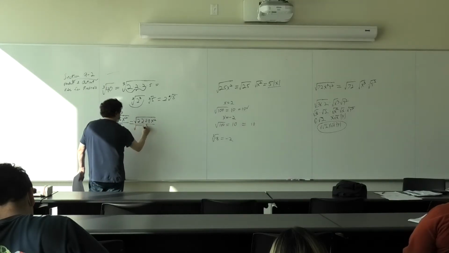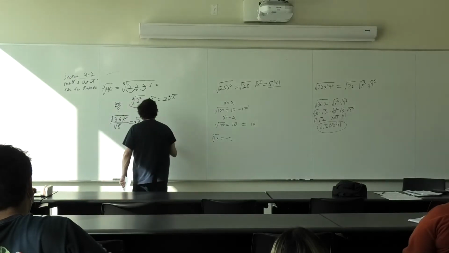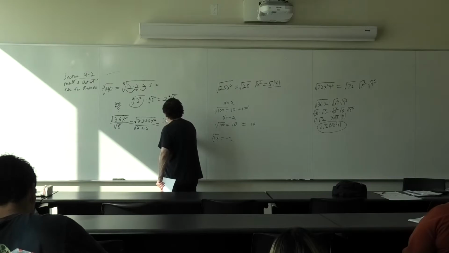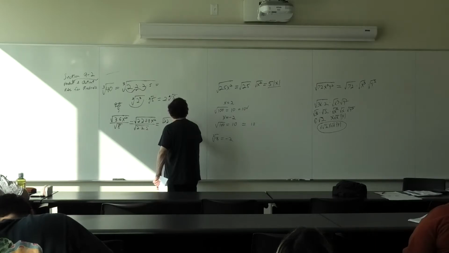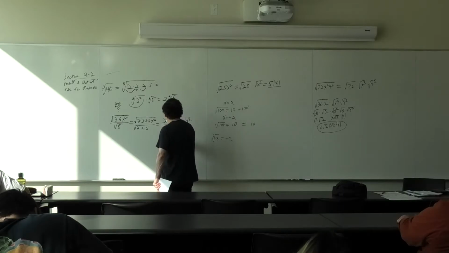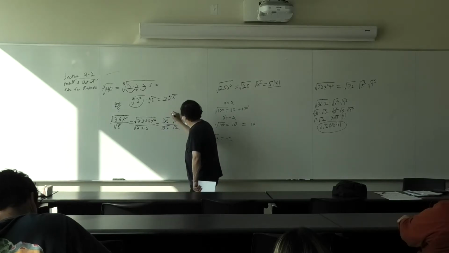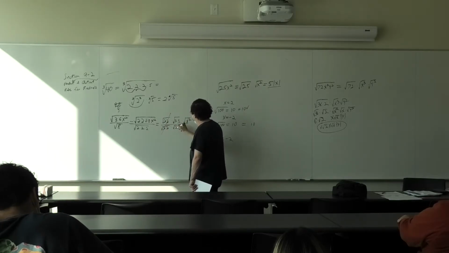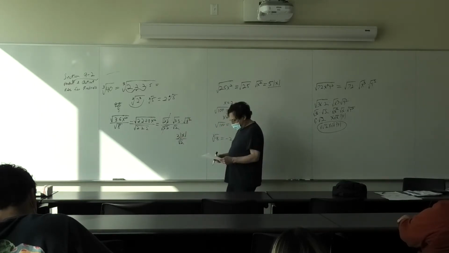And 8 is 2 times 2 times 2. So, again, square root of 2 times 2 times the square root of 3 times 3 times the square root of x squared, over the square root of 2 times 2 times the square root of 2. Just cancel those. This becomes 3. This becomes the absolute value of x, and again over the square root of 2.